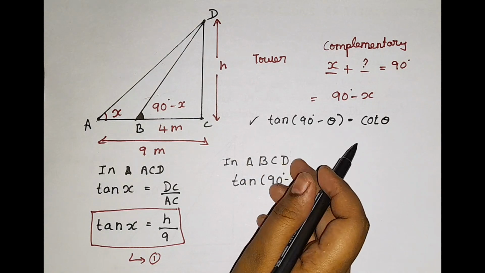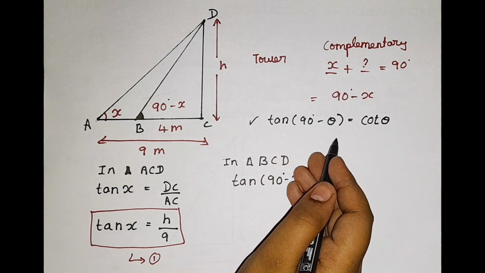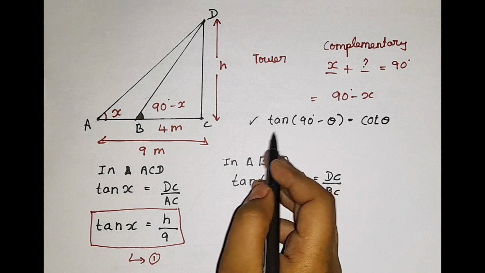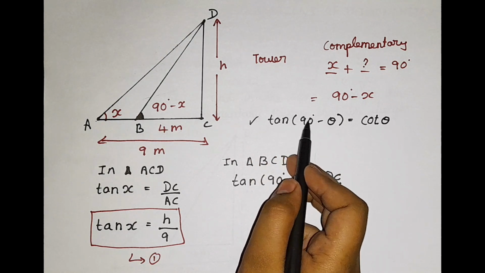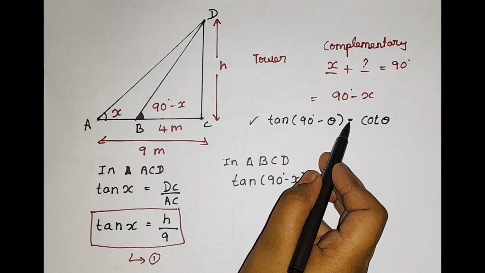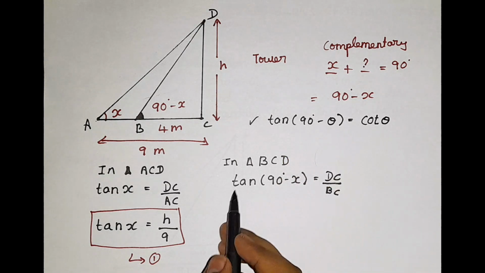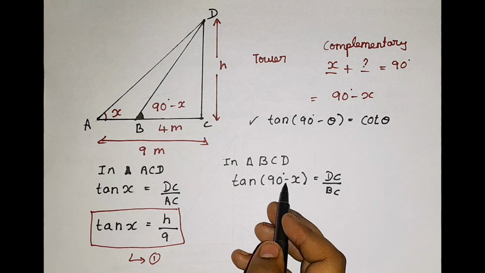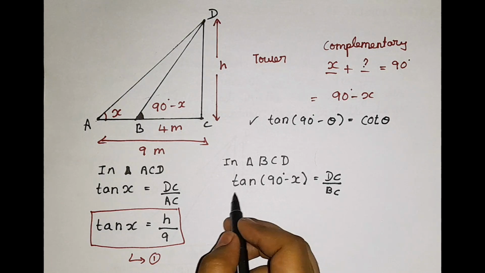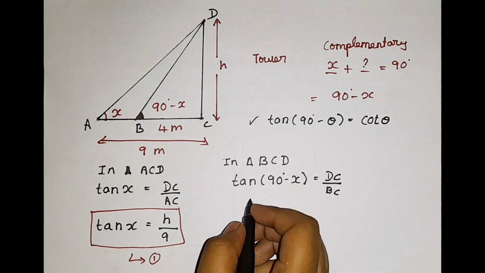Okay, in case you get this type of question, you have to solve it, right? So please learn this. Whenever you have tan of 90 degree minus theta, that is equal to cot theta. Here we have tan of 90 degree minus x. If you want, you can just consider it as theta. So in the place of this we can write cot theta.